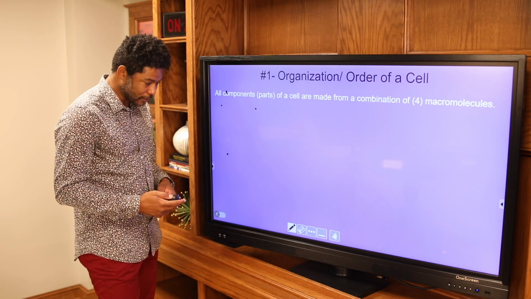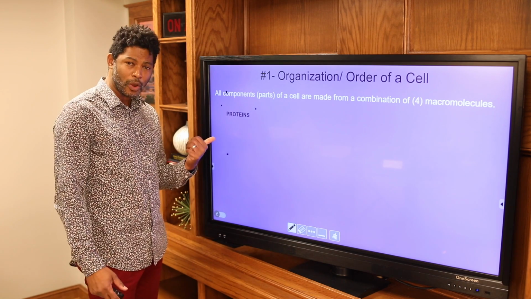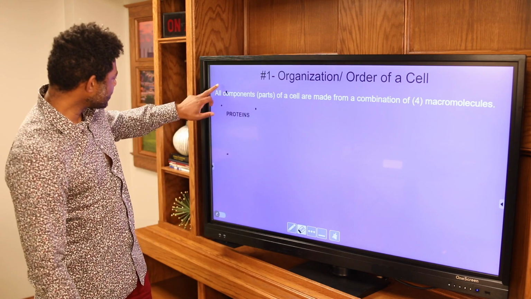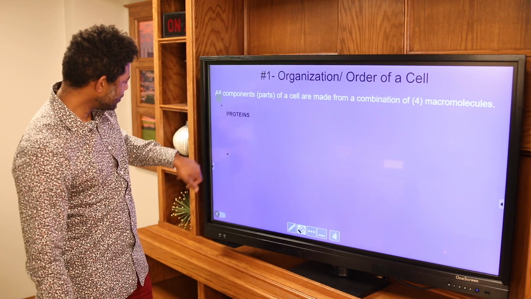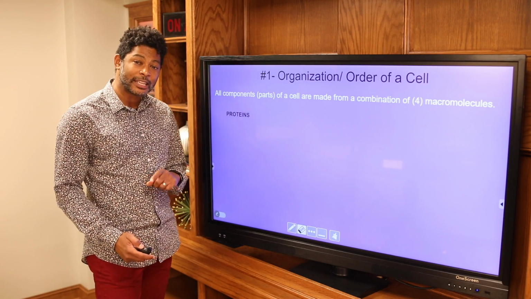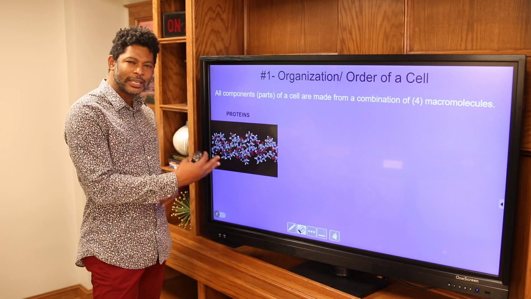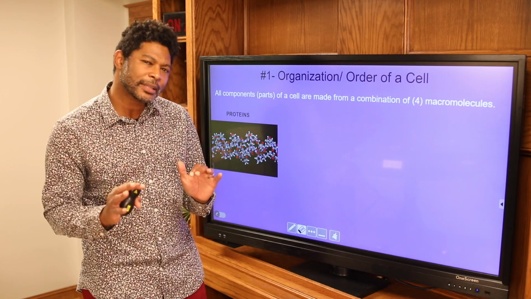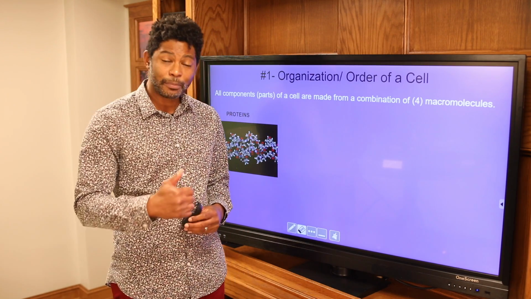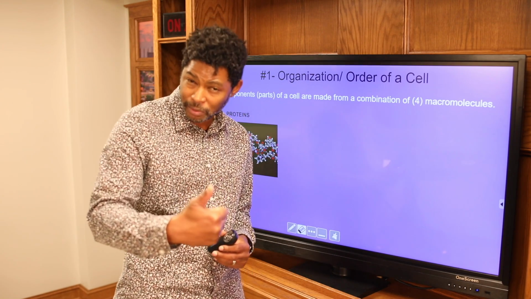So let's start with the first one. It's easy. Proteins, okay? And when we're looking at proteins, let me do this because I noticed I got a little something on my screen. There we go. Now, when we talk about proteins, understand that proteins are very complex molecules. They actually come in 4 varieties. You have a primary, or very simple protein.